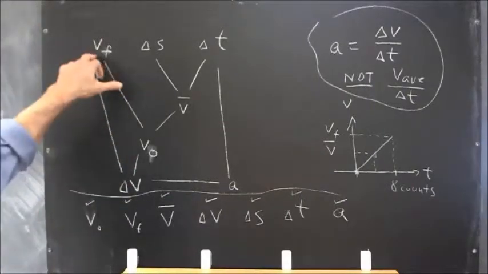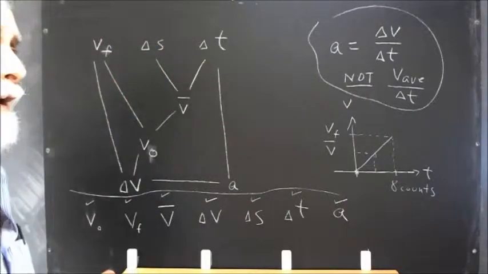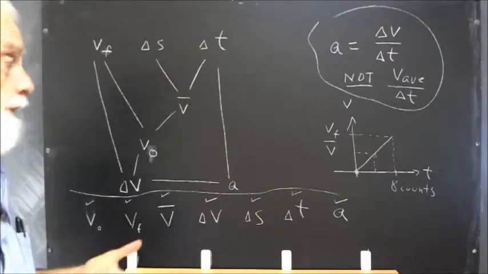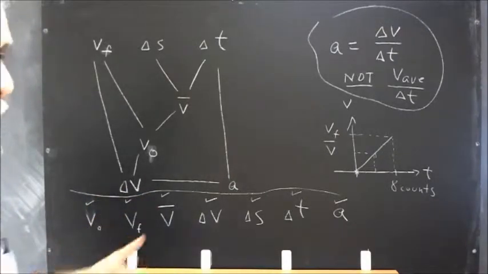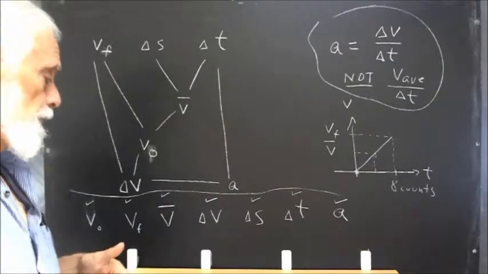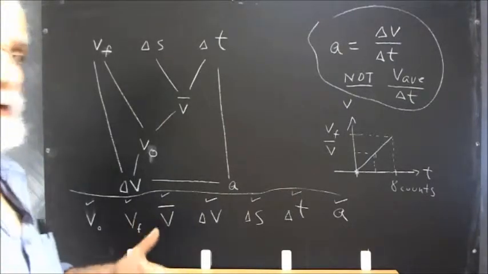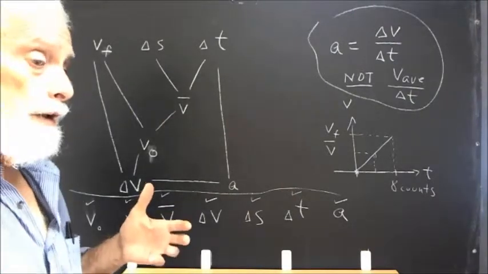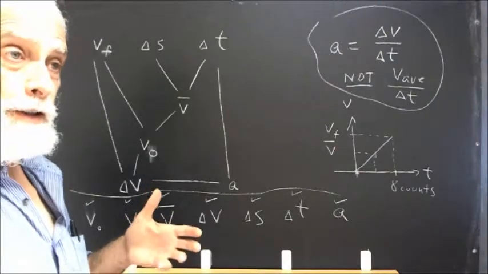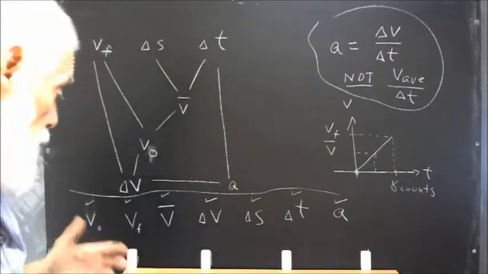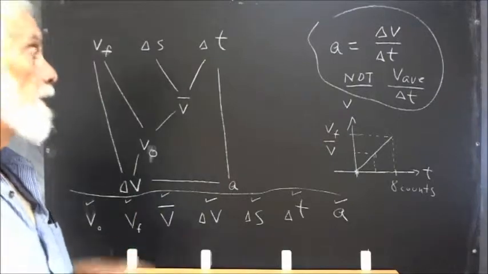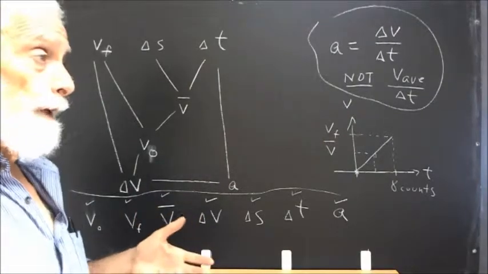Of course, if we know VF, delta S, and delta T, we can pull out equations. And those equations are great. It's a very wonderful thing when somebody can use the equations in a consistent and valid manner to solve difficult problems.